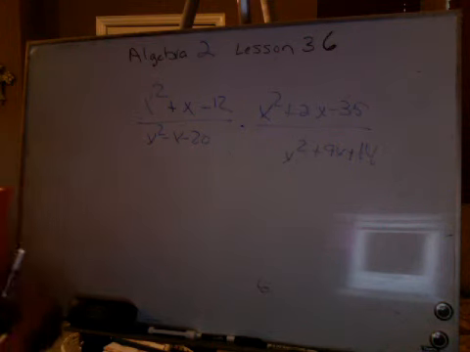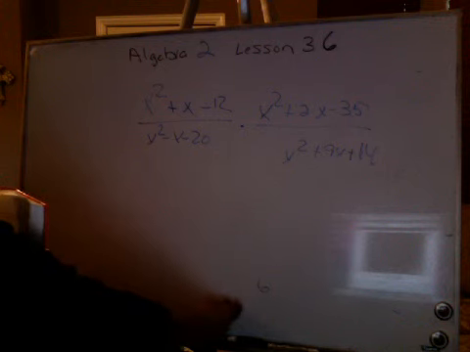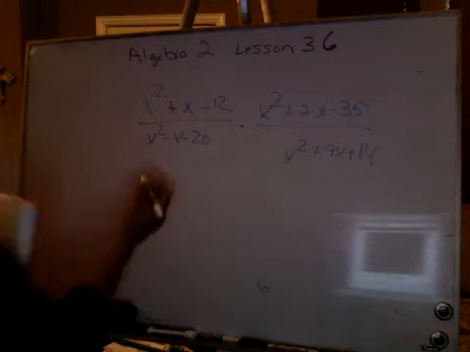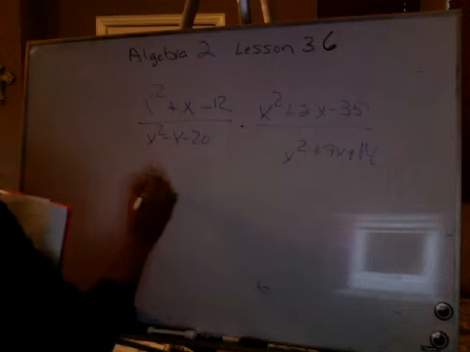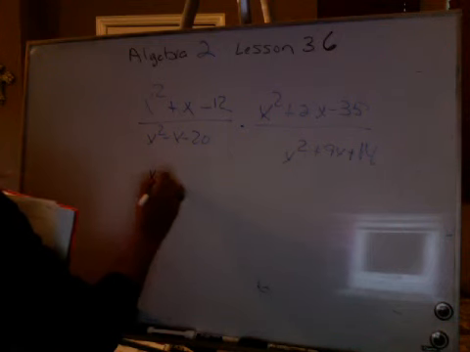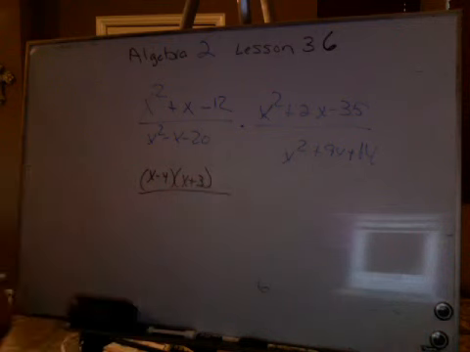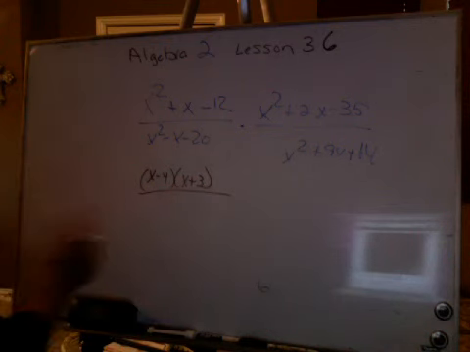So the first thing we want to do is factor out each polynomial, each trinomial. So this becomes x minus 4 times x plus 3. And we have to go back to how we factor each one.